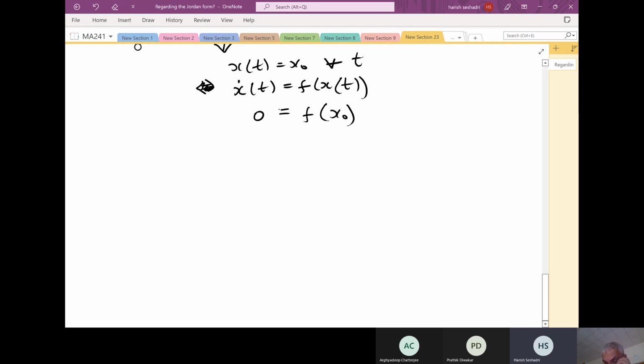So here's an example. There are several very important theorems in this chapter, but all of them are quite involved, more involved than what we did when we talked about nonlinear systems.